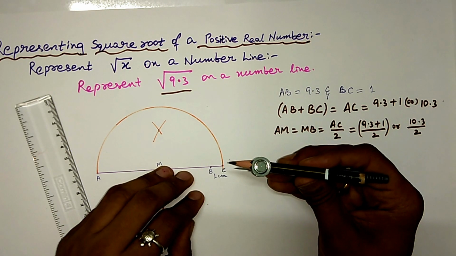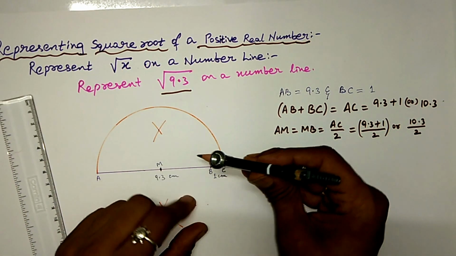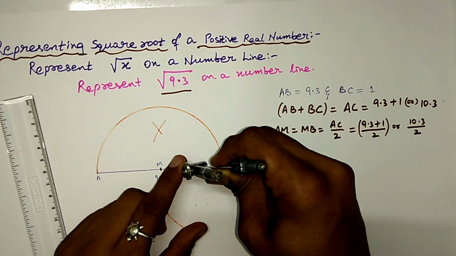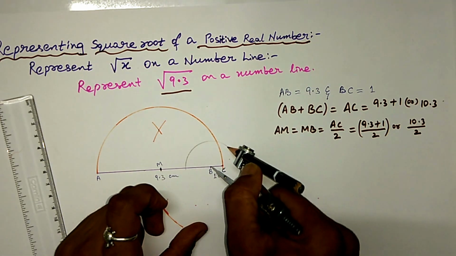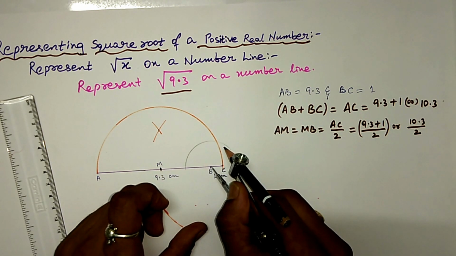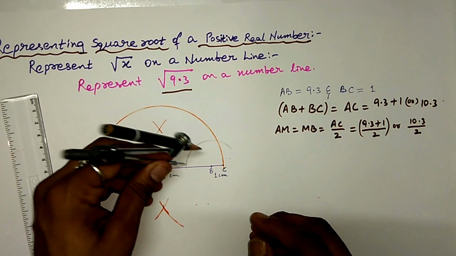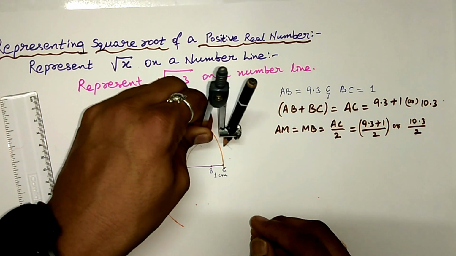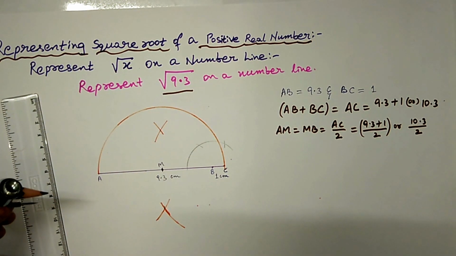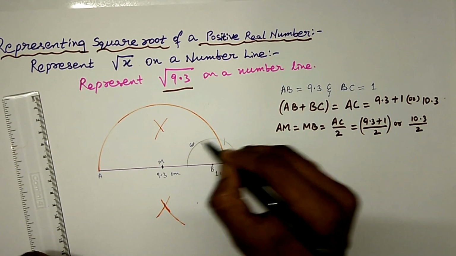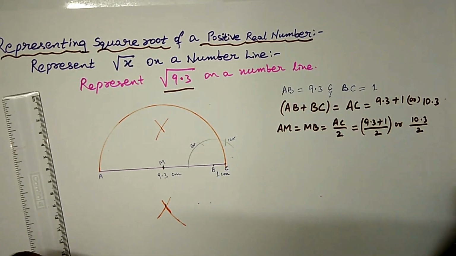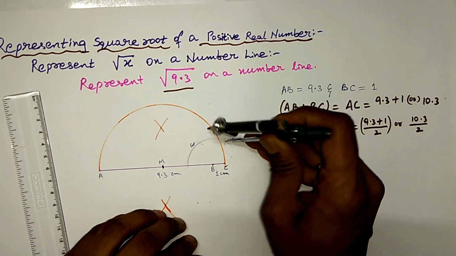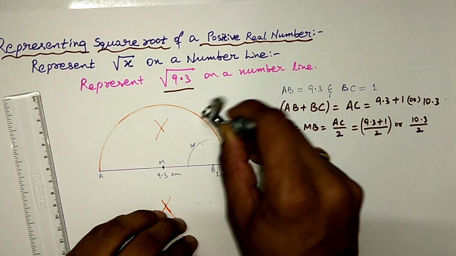For this we use the construction of 90 degrees at a point. Using that technique we can construct 90 degrees. Here this gives 60, this gives 120, and when 60 and 120 degrees are bisected with the same pair of compasses, we get 90 degrees.